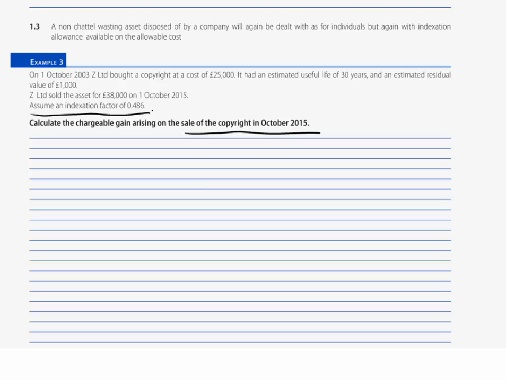So what have we got? First of all, what did we sell the copyright for? There, Z Limited sold the asset for £38,000. Sales proceeds, October 15, amounted to £38,000. Away from those proceeds, obviously, if there were any selling expenses incurred, but otherwise, and hence the problem, we have to deduct cost.